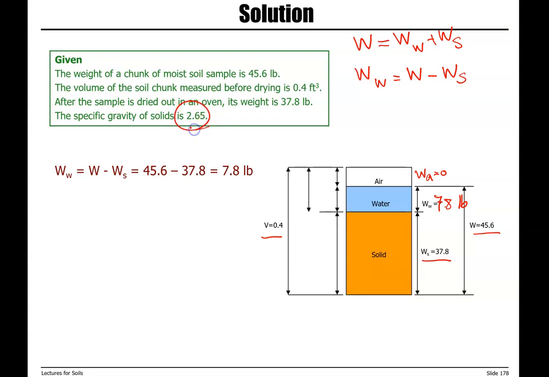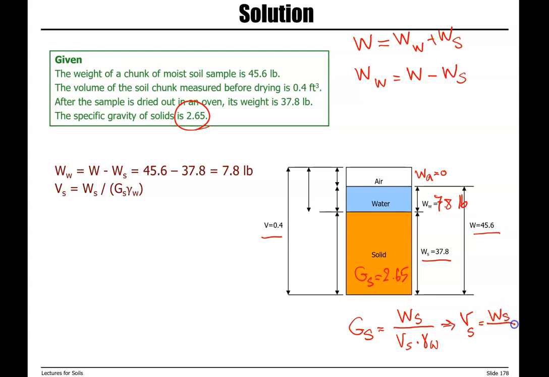The question also provided a specific gravity of solids, which is 2.65. And earlier we went over the formula for a specific gravity of solids, which is weight of solids divided by volume of solids times gamma W. Or if we rearrange it, volume of solids is equal to weight of solids divided by GS times gamma W. Again, these two are the same formula with different arrangement.